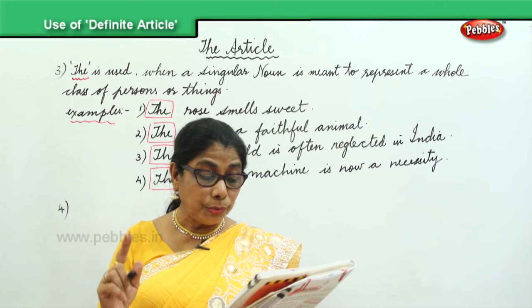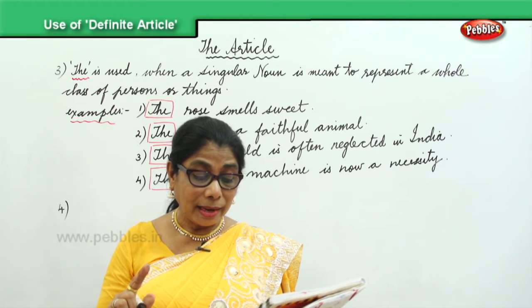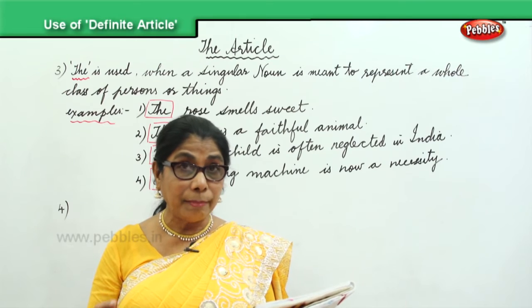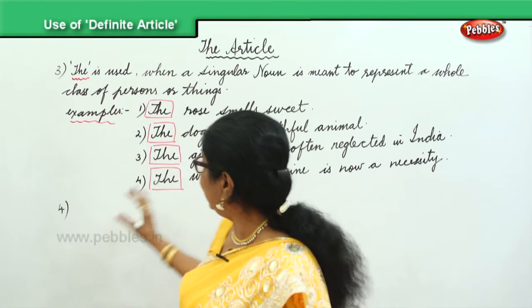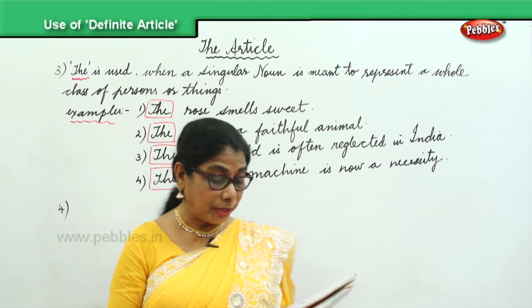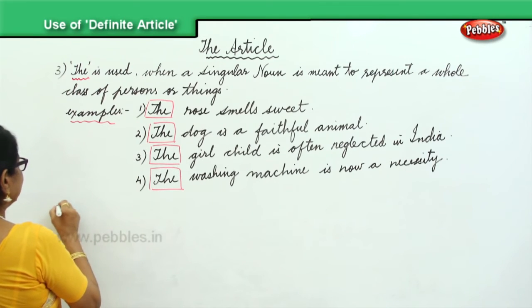The is not used with the nouns man and woman, used to denote the whole class. You don't say the man, but here we have said the girl. So this we have to remember. What is the exception? This we need to remember.